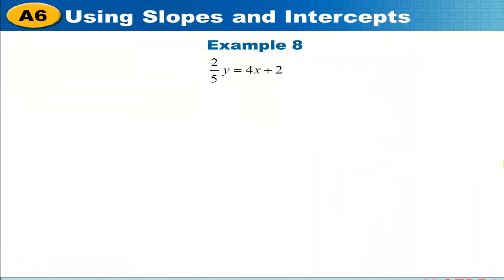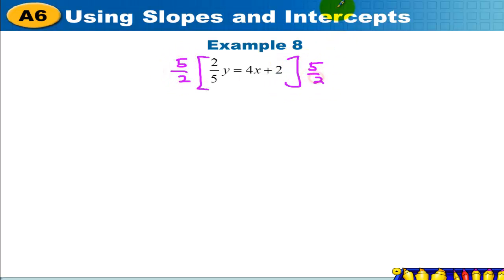Next problem. So our goal here is to isolate our y. So I need to multiply both sides by 5 over 2. By doing this, we'll be able to cancel the 5 and the 2. So it will just be y equals, now I need to distribute 5 halves to 4x.